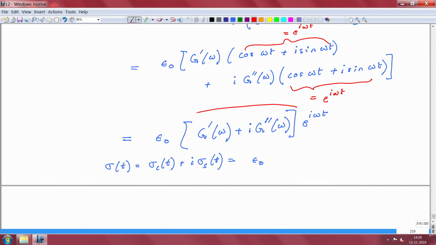So, this is now another complex number, and now I can give it another name. I can call it G star omega.